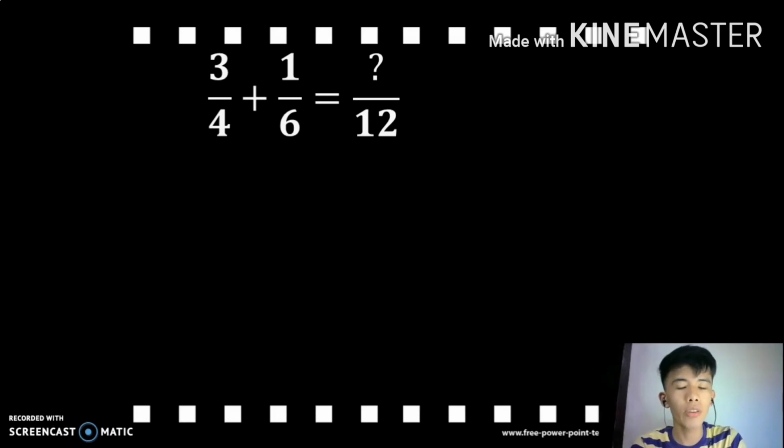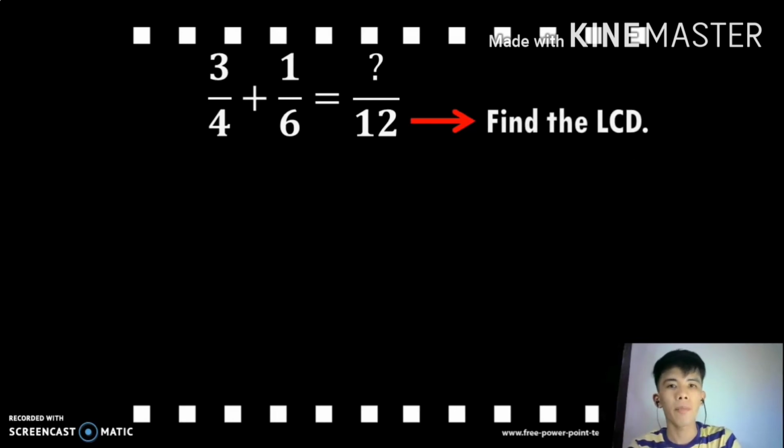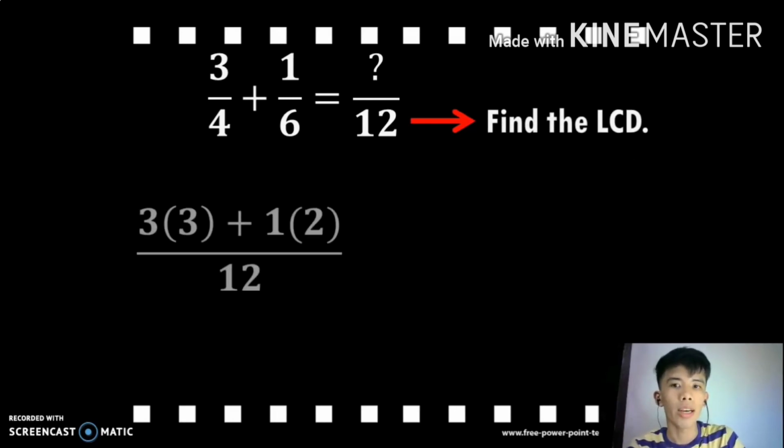Halimbawa, sa 4 at 6, ano yung number na pinakamaliit na pwedeng ma-divide ng 4 at pwede ring ma-divide ng 6? So, di ba, that number is 12. Because 12 divided by 4 is 3 and 12 divided by 6 is 2. Pwede natin siyang i-divide.